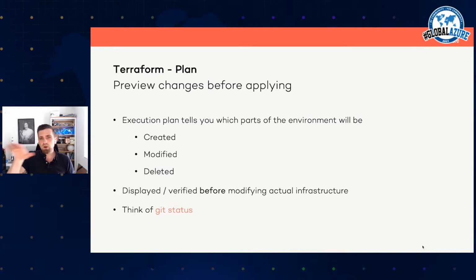And if so, you can merge the pull request on your main or master branch and finally execute Terraform apply, which will then modify the underlying Azure subscription. So when we talk about the execution plan, or if you see something like Terraform plan, then you can think of it as Git status, right? You see what will happen when you apply or when you commit those changes.